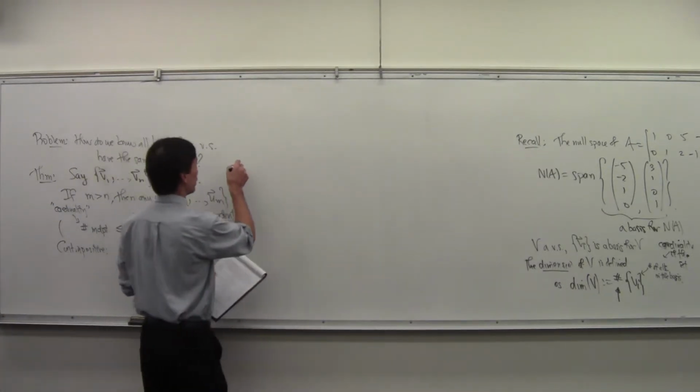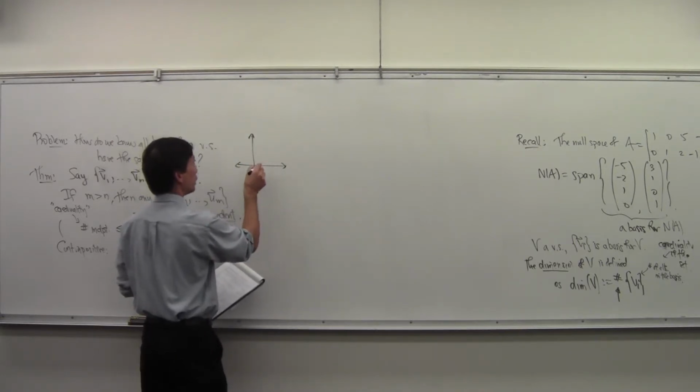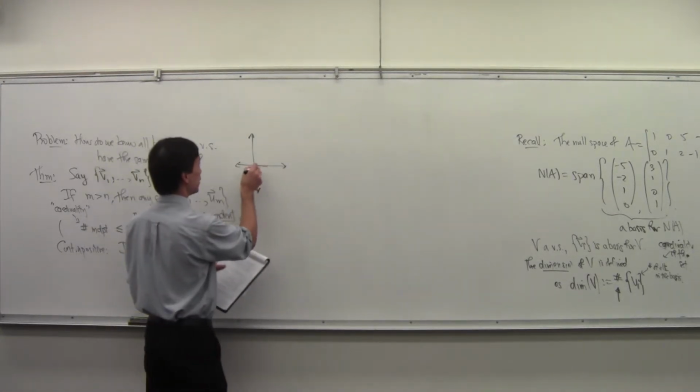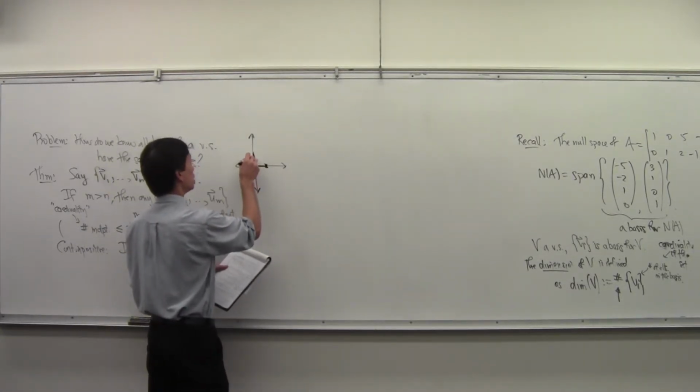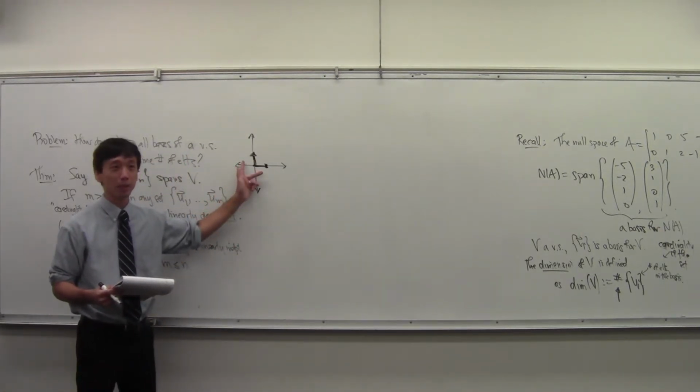Okay, so in terms of a picture, here in R2, here's a spanning set. It has two elements.